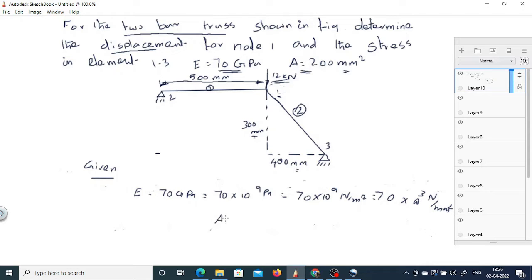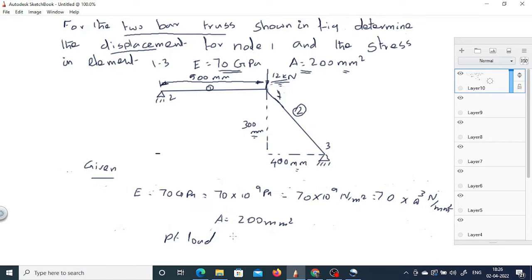Next we have the area of the element, which is 200 mm square. Any other data? Yes, the other data is the point load, which is acted on node 1.